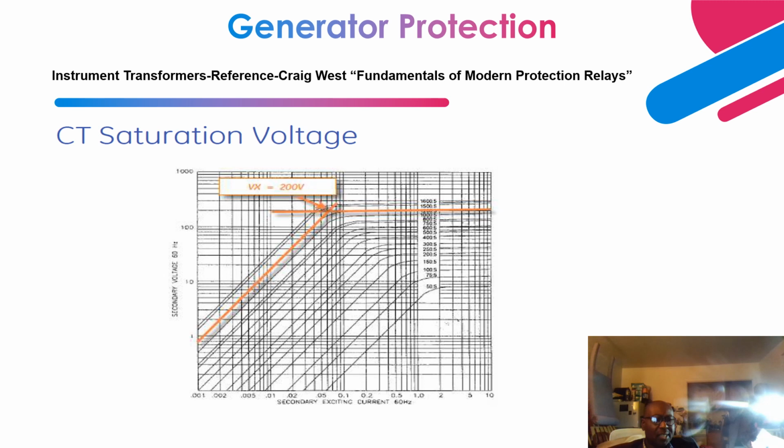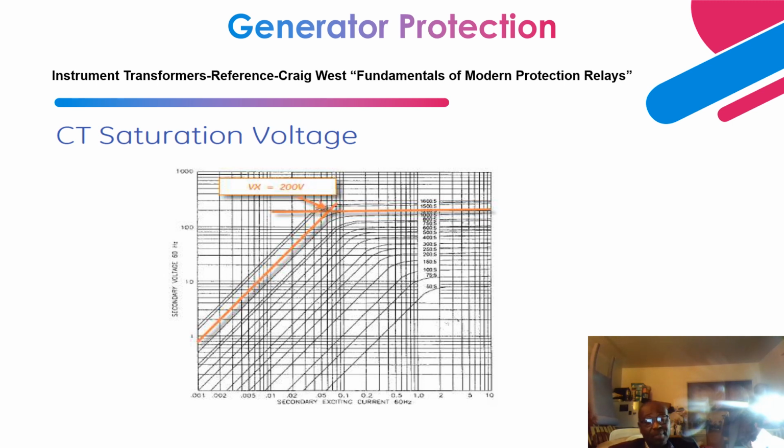Next is the CT saturation voltage. Basically you want to know the amount of error, 10% being the goal. Let's say you have a 10C100 CT, or say a 10C400.